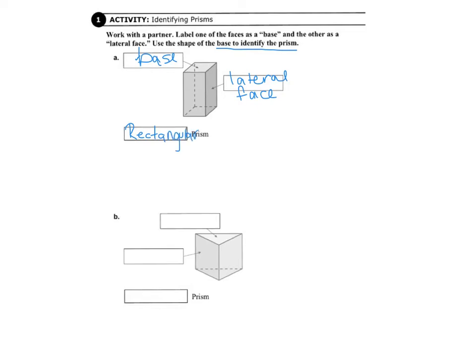Now let's look at letter B. We want to be sure that we call the triangle our base, not only because that's what it's resting on, but also because it's different than the sides, than the lateral faces.